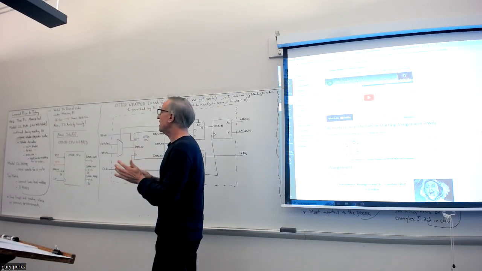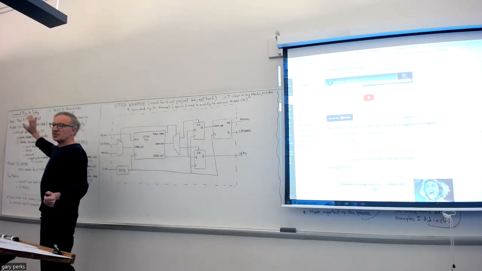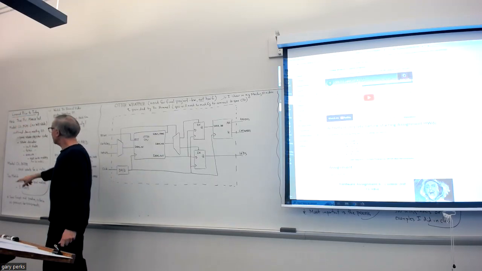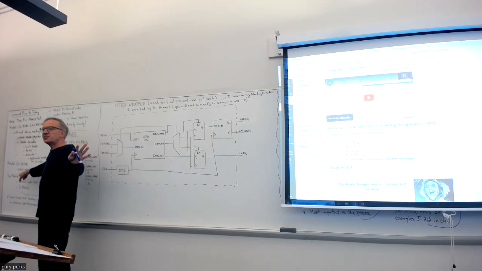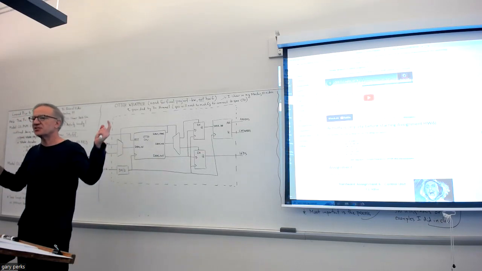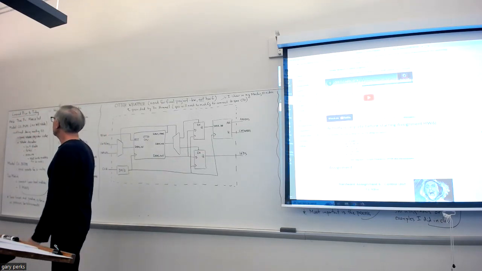The good news is that once you have hardware 6 working, when you go to the final project, you won't have to modify the top module, because the top module is not going to change between hardware 6 and the final project.